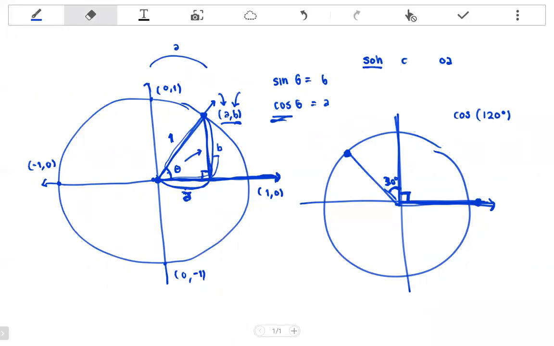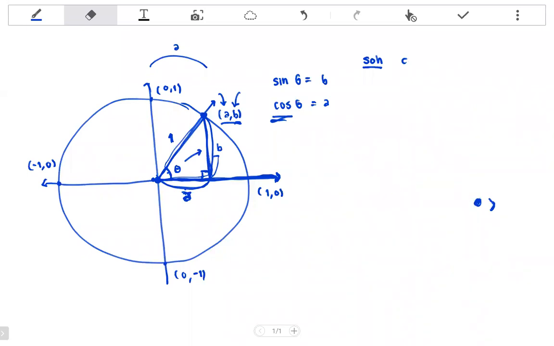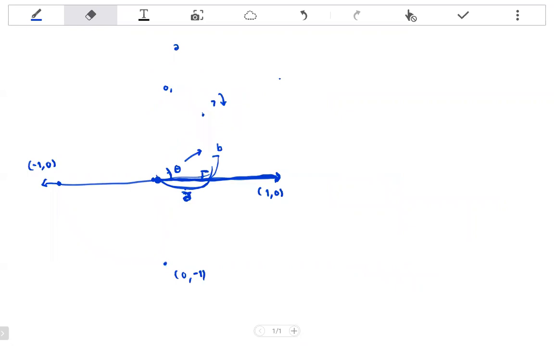Okay, let's move on to what we usually use when we do trigonometry. So far up to this point, we used degrees as our norm for measuring angles, right? If we're measuring this angle, we say that it's 30 degrees or something.